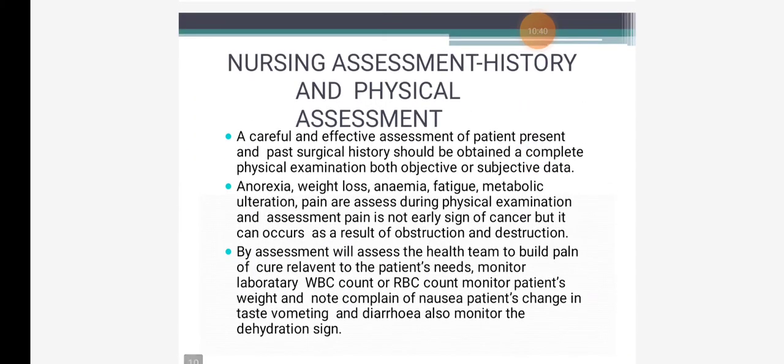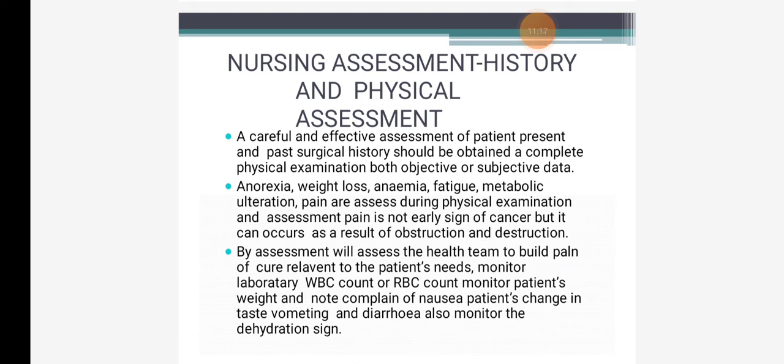Now we will see the nursing assessment, that is, history and physical assessment in cancer. There will be a careful and effective assessment of the patient; present and past surgical history should be obtained. A complete physical examination, both objective and subjective data, should be completed. During physical examination, we will find some symptoms like anorexia, weight loss, anemia, fatigue, and metabolic alterations.